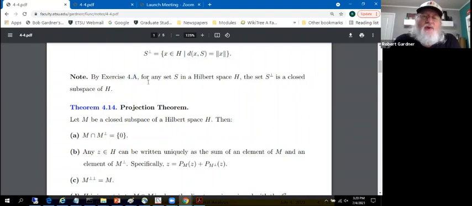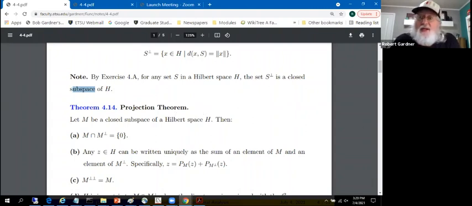It says for any set S in a Hilbert space H, the set S perp is a closed subspace of H, so topologically closed. Also, we're extracting the fact that we're dealing with a subspace here. It follows fairly easily from the linearity properties of inner products. So it's a straightforward exercise to establish this. So perp spaces are closed subspaces.